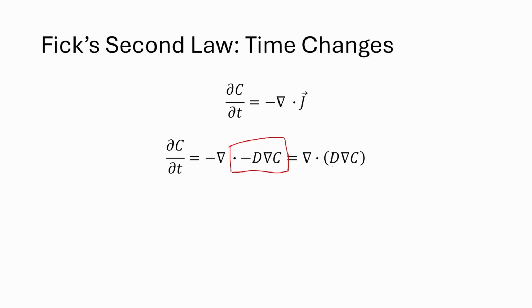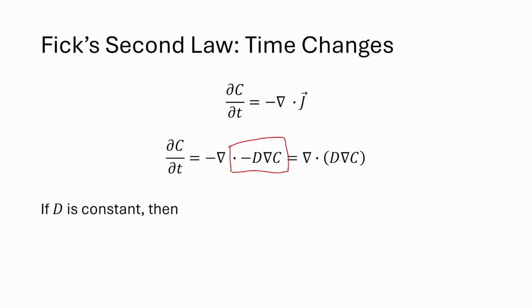And if, not always true, but if the diffusivity coefficient is a constant, then this simplifies. If the diffusivity coefficient is not constant, which can happen in reality, it can depend on temperature, it can depend on pressure, it can depend on these other sorts of environmental variables.